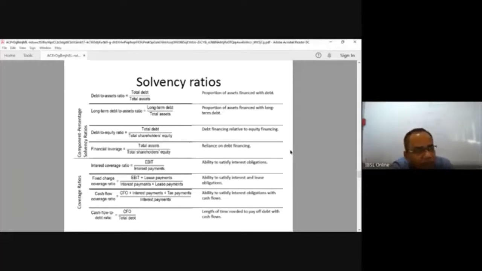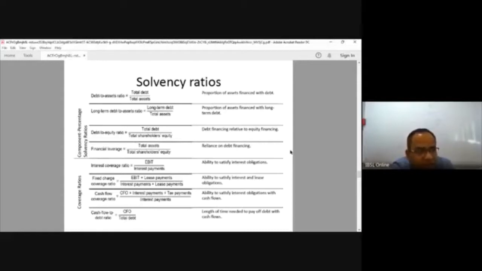the debt, right? Let us say you have a customer who has total assets of 200 million. Out of that, they have borrowed 100 million. So the total debt is 100 million, short term and long term, divided by total assets of 200 million.